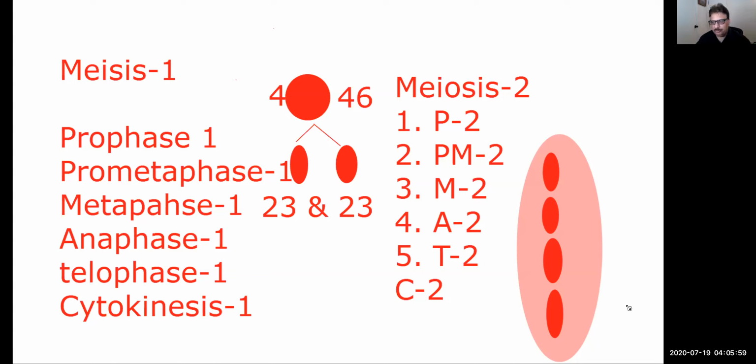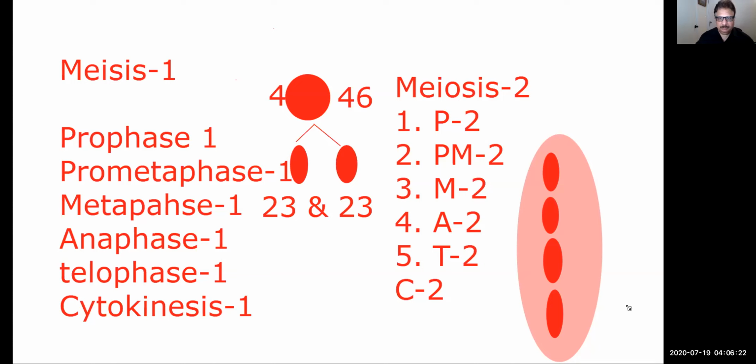So just to recapitulate, there are 2 kinds of cells in human bodies. One is called somatic cells. The second is called germ cells. Somatic cells multiply by mitosis, which has prophase, prometaphase, metaphase, anaphase, telophase, and cytokinesis, giving rise to 2 cells with equal numbers of chromosomes.